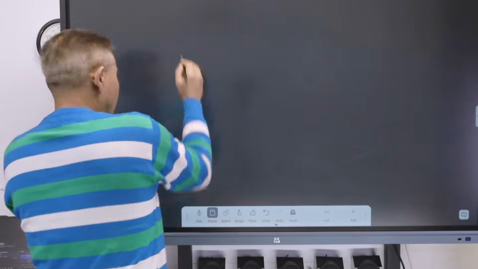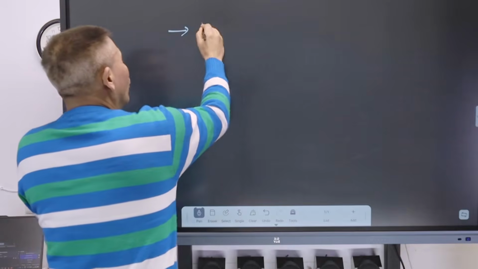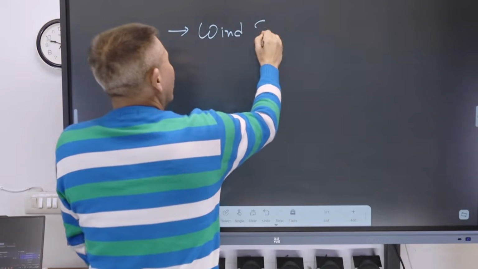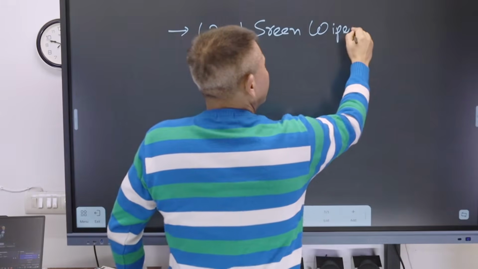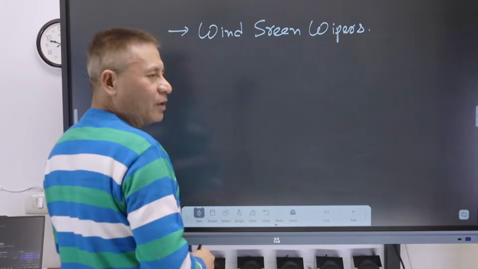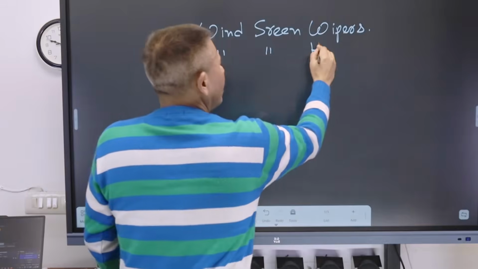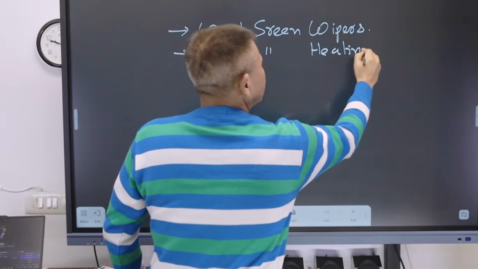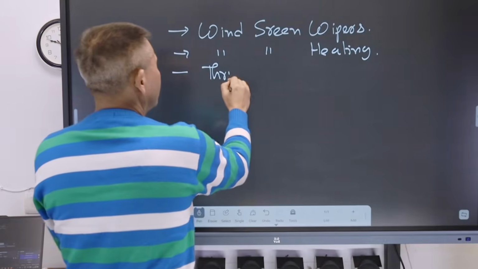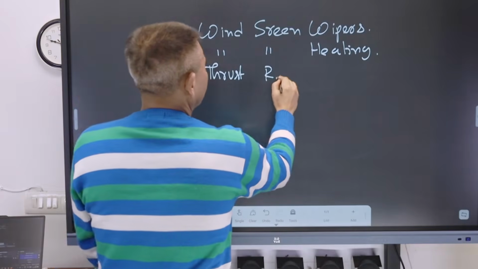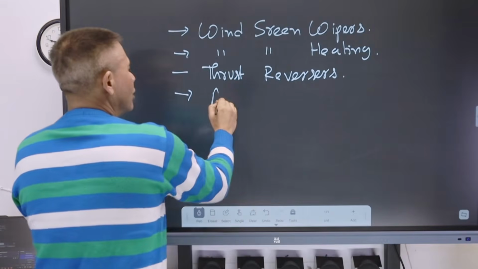Number one, the windscreen wipers for both the captain as well as the co-pilot, windscreen heating, thrust reversers, anti-skid system.